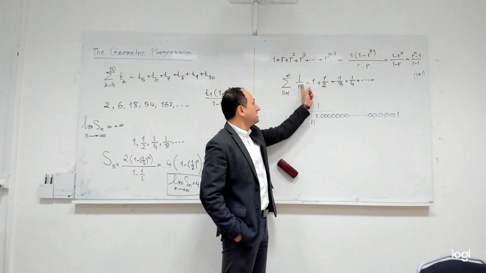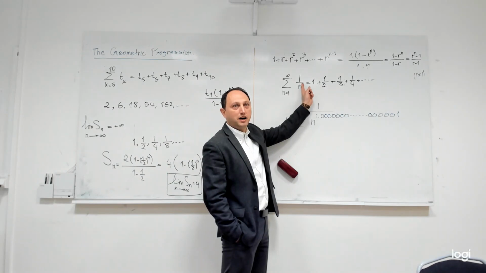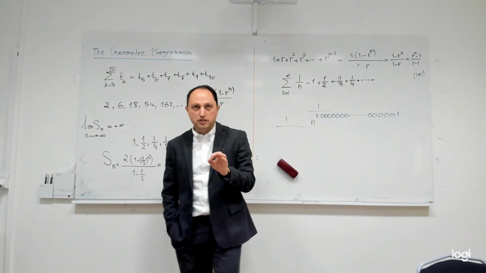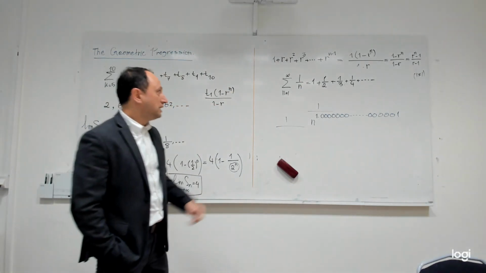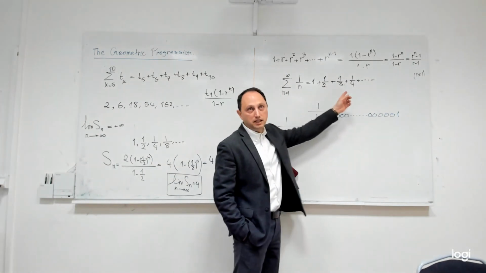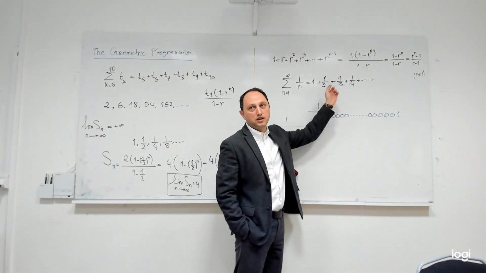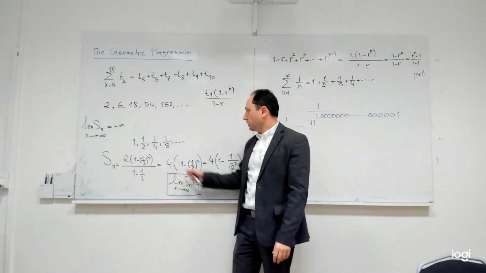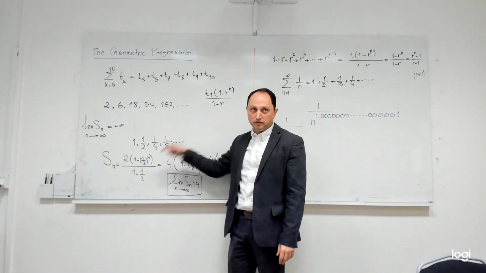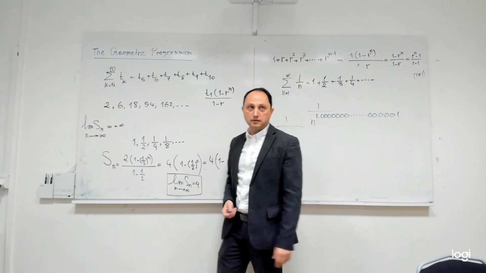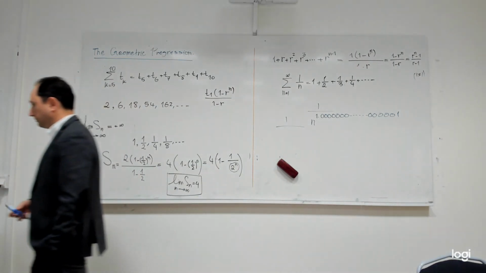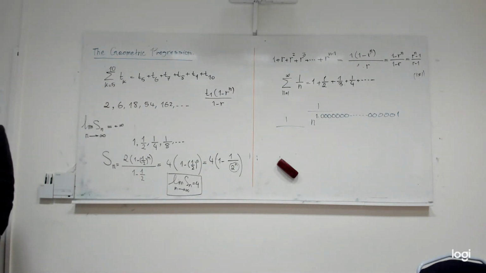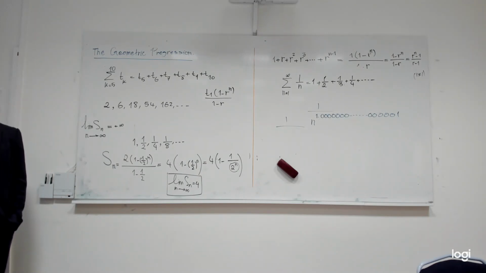If I just slightly increase this power, then suddenly it converges. That is the word people use. If the sum is infinity, they say the series diverges. If the sum is a finite number, we say that the series converges. That is the word that you need to learn: convergence.